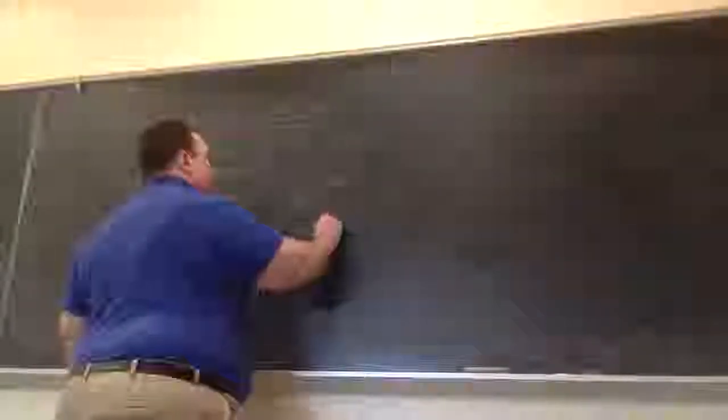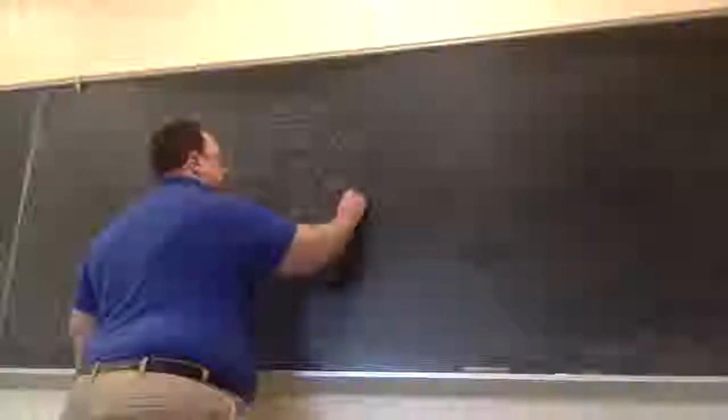Now, for convenience, I'm going to write out the constraints in terms of components. So g of x has component functions g1, g2, through gp, all of which must be equal to 0 at the solution.